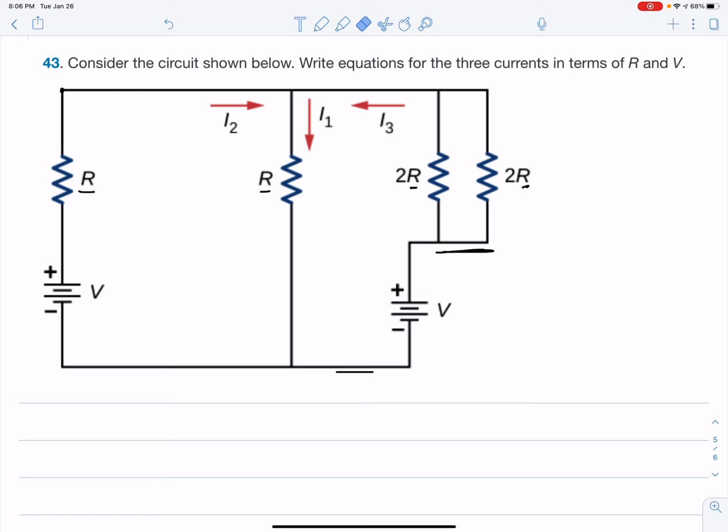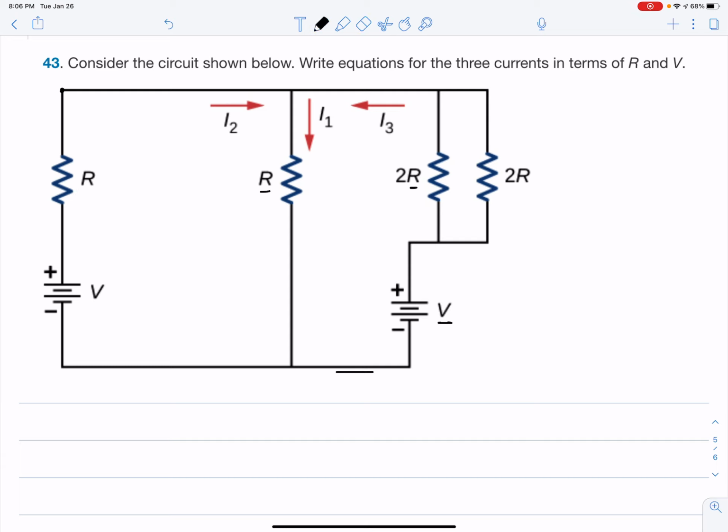The same with the voltage. Voltage here is the same value as the voltage here. So it's asking us to do 3 equations that are 3 currents in terms of R and V.